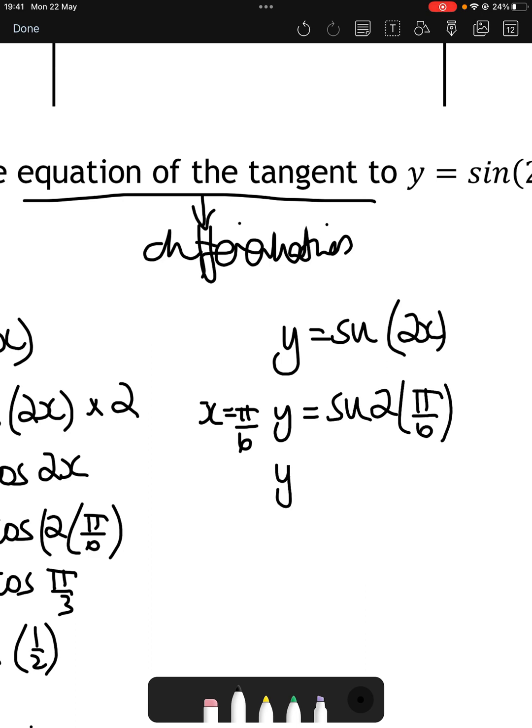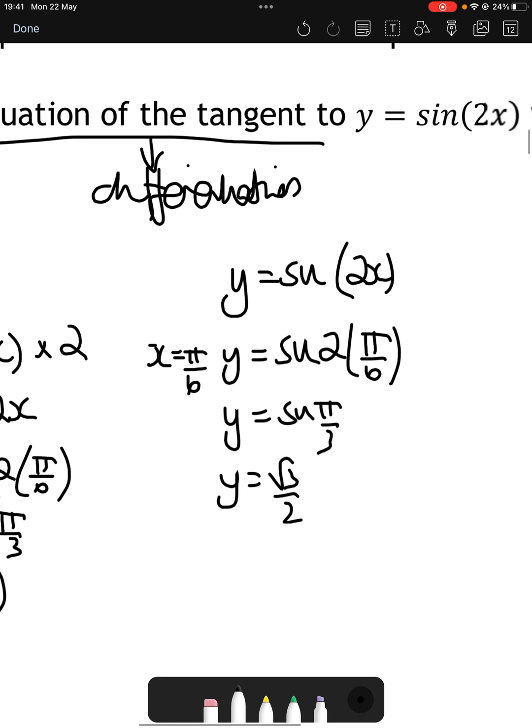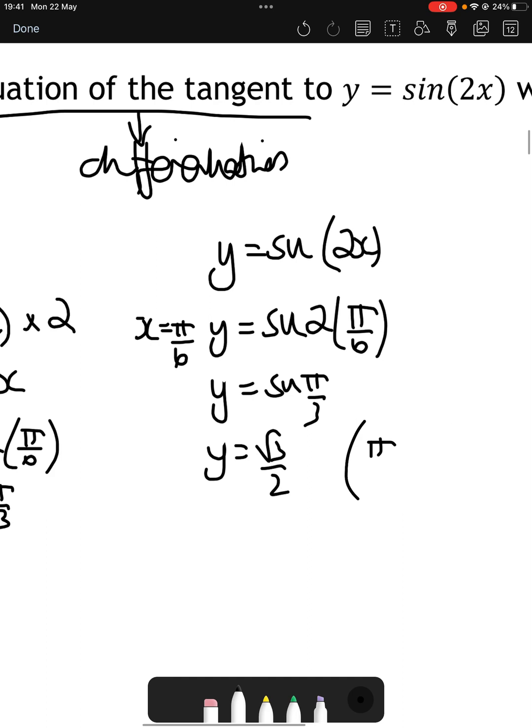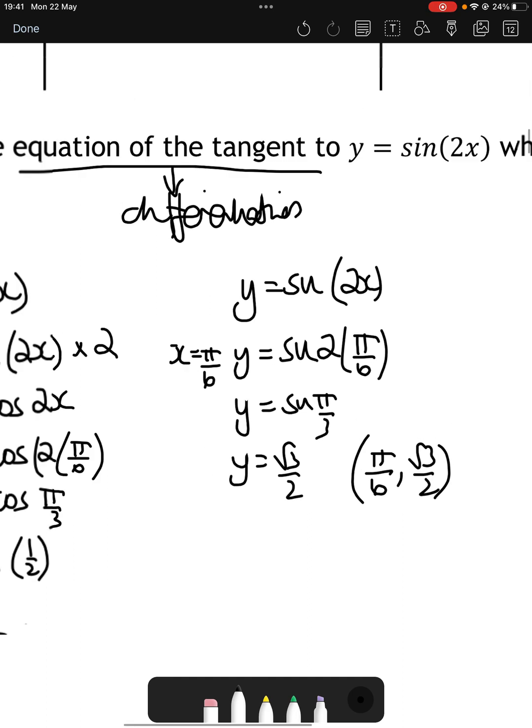Sine of 60 is root 3 over 2. So we've actually got a point. Looks a bit, you know, unusual. But they're both just numbers, obviously.